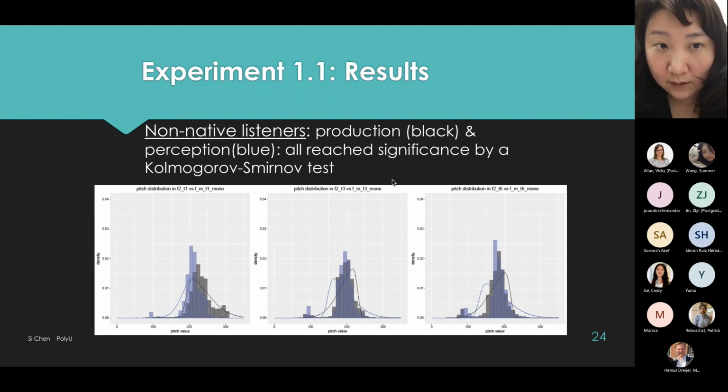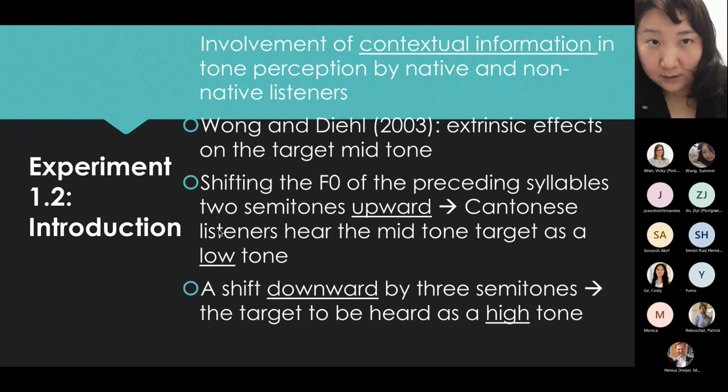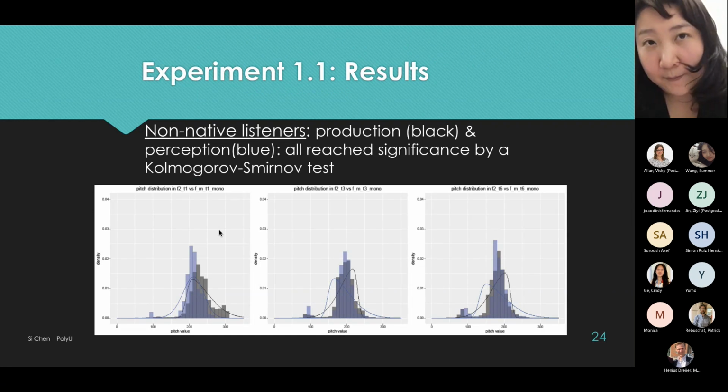Similarly for the non-native listeners, if we plot the distributions of these tone values produced and perceived, they still do not overlap completely. So that's what we did. We were trying to see whether listeners would create a distribution that reflects what the produced signals are like.